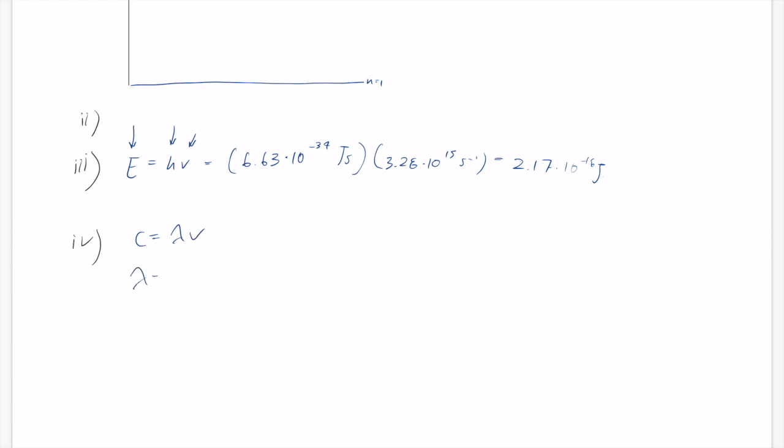So if we rearrange for wavelength, we get that wavelength is equal to c over v, where c is just the speed of light, which is 3 times 10 to the 8 meters per second, over v, which is what the question gave us, essentially, 3.28 times 10 to the 15 s to the negative 1. The units cancel out, and then we're really just left with 9.15 times 10 to the negative 8 meters.